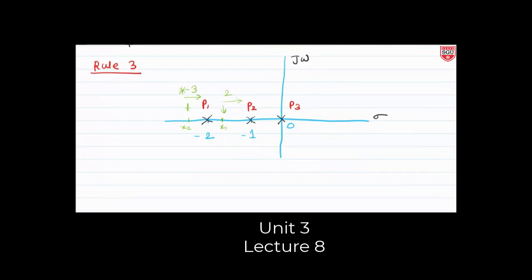What will be our conclusion? The branch which is starting from P1 will move in the direction of X2. Means one branch which is going to infinity will move in the direction of X2.